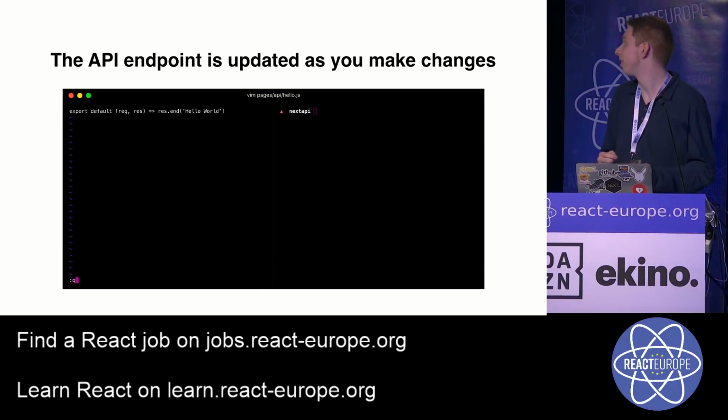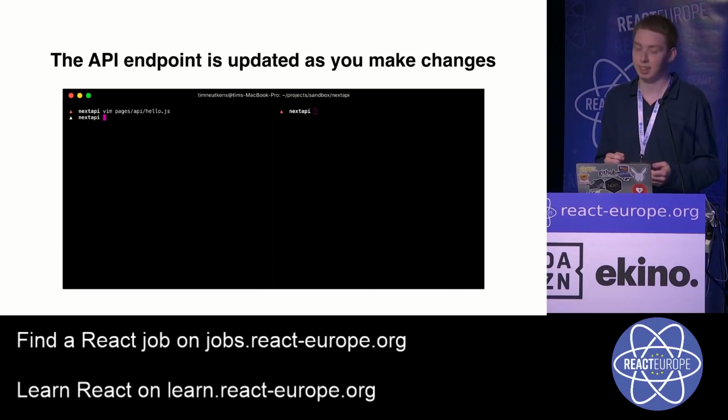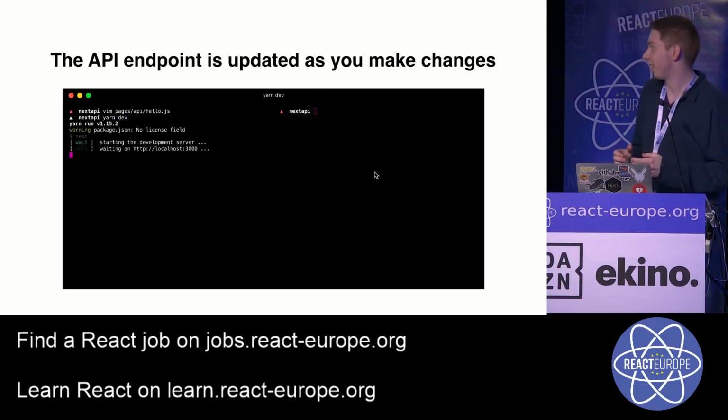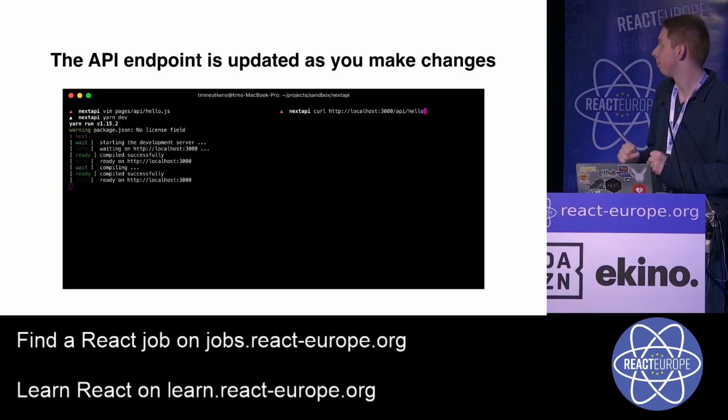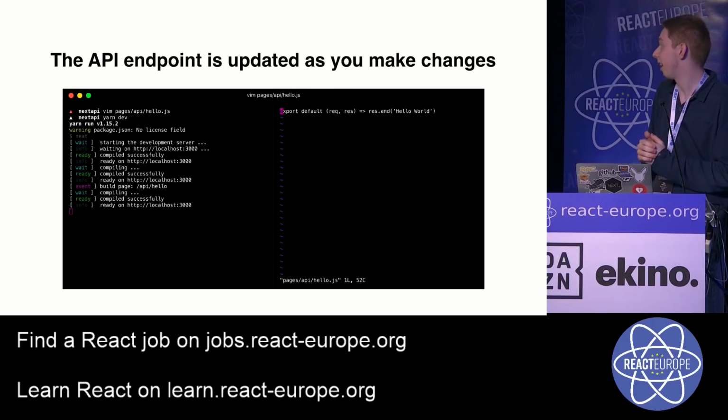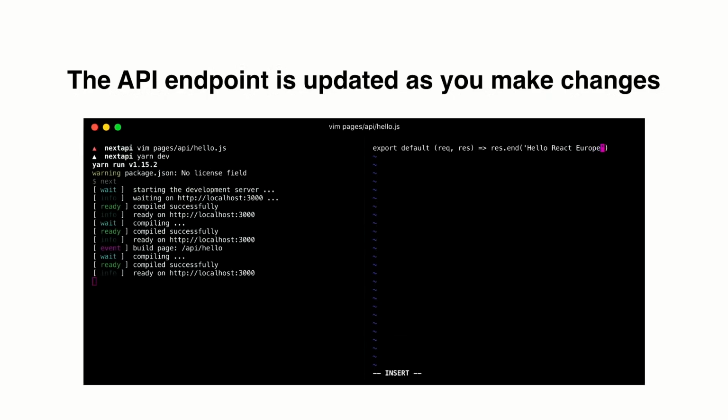So I hope that this is going. It looks like it. Yeah, okay. I don't see it on my screen, so I'll look like that. But basically, you start by booting up Next, and then you request the URL, and it returns hello world, right? Then I end up opening pages/api/hello.js, and I changed hello world to hello React Europe, right?